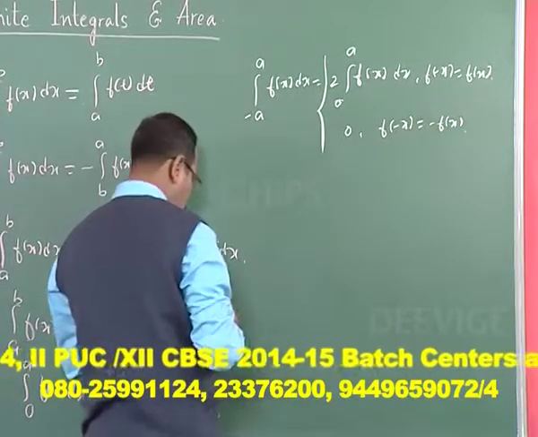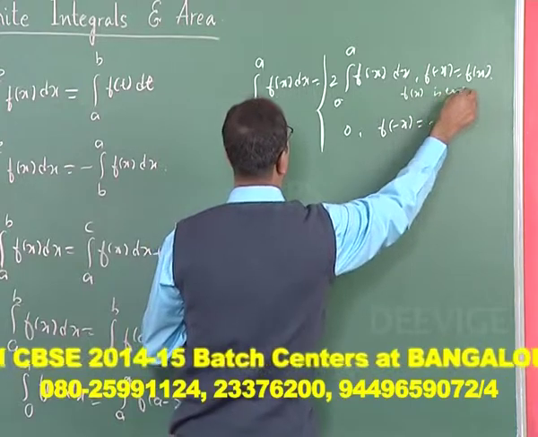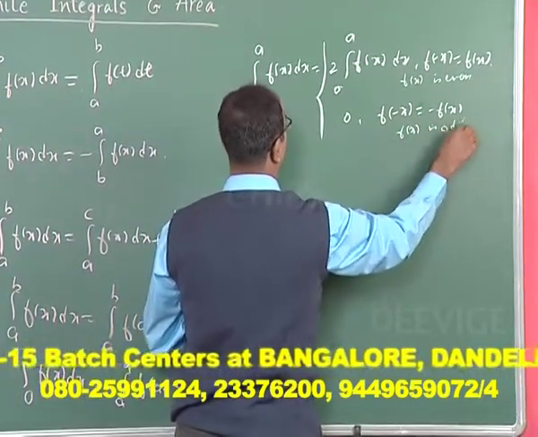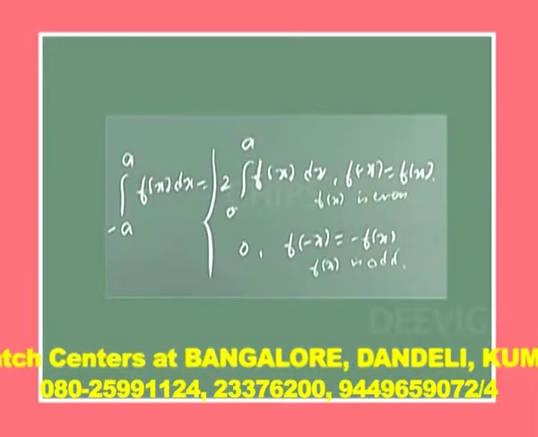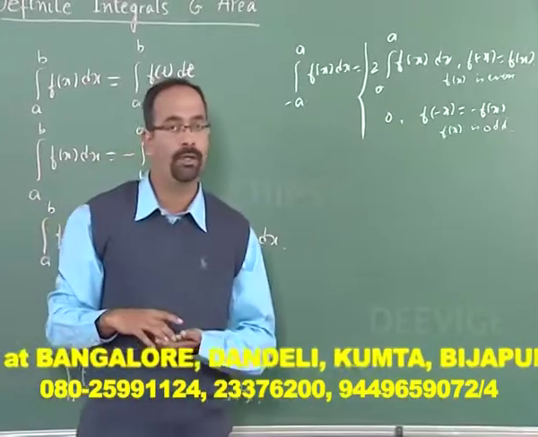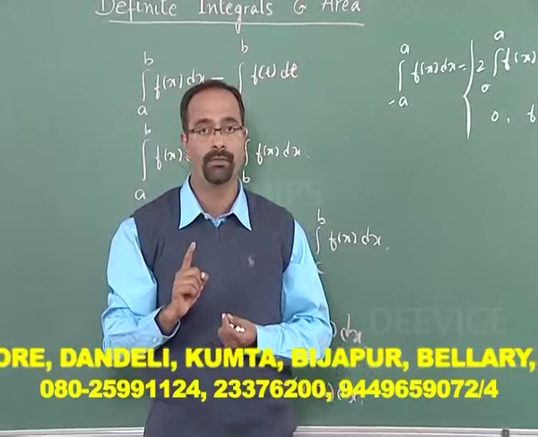Of course, you can use the word here. This is f of x is even. Here you can write f of x is odd. Here I am using the word even and odd. Even means even function, odd means odd function.